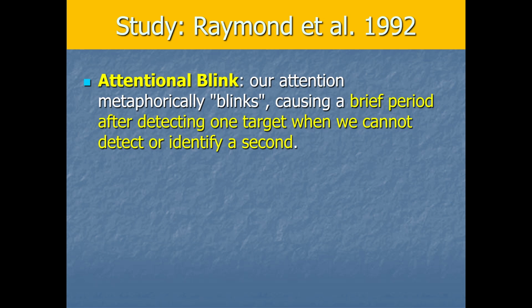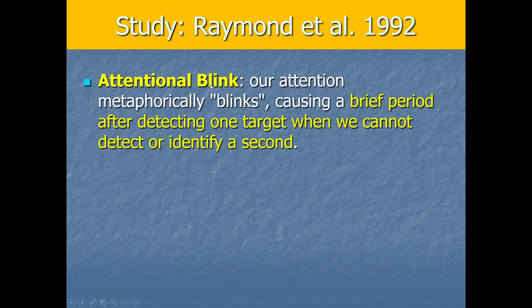In other words, when we can't switch to a different task. This attentional blink, by the way, shows there's a limit to how quickly we can switch between two different things. And a lot of what people call multitasking is really just quickly switching back and forth between two tasks. Now, there is some evidence that the attentional blink is a little bit reduced for things that are really emotionally salient, but even then, we still find the blink.